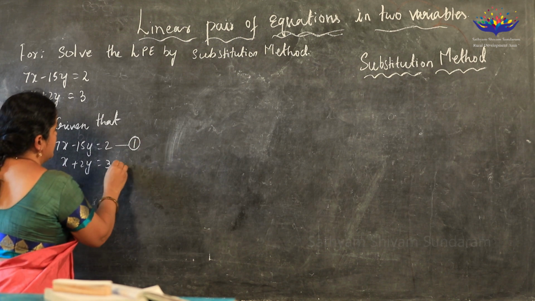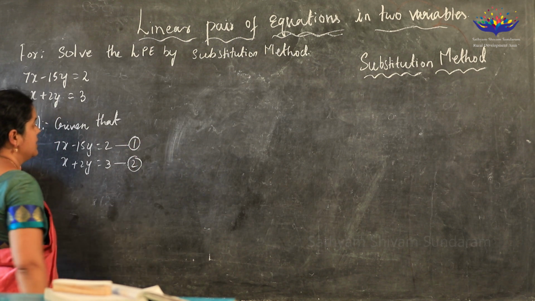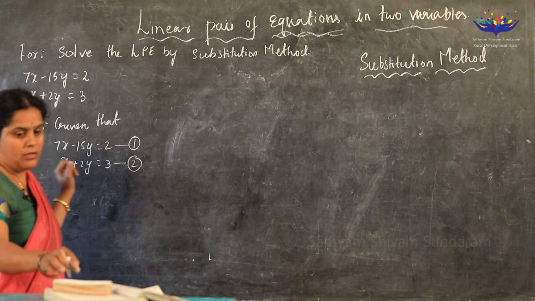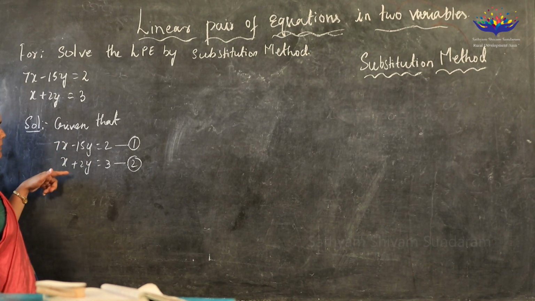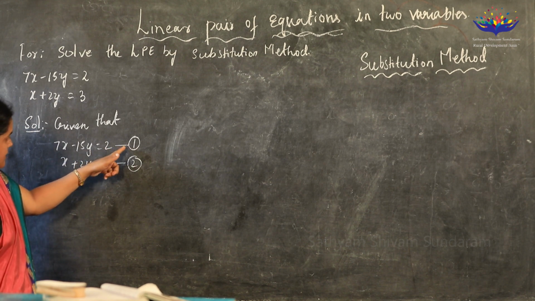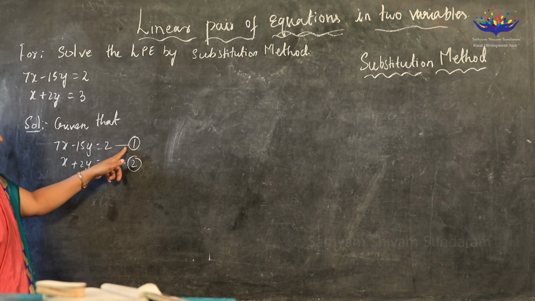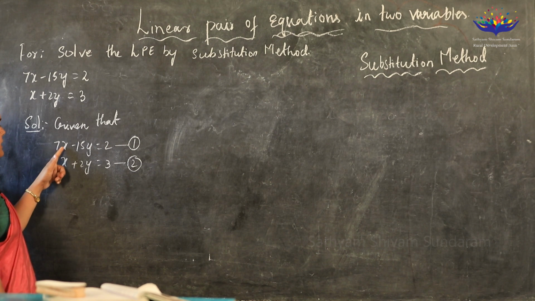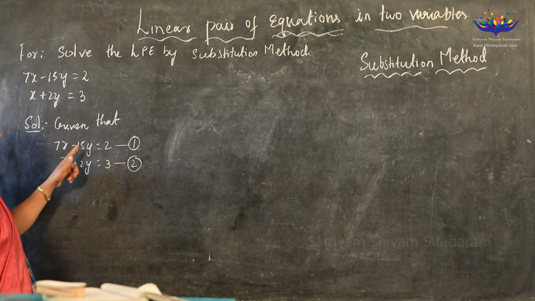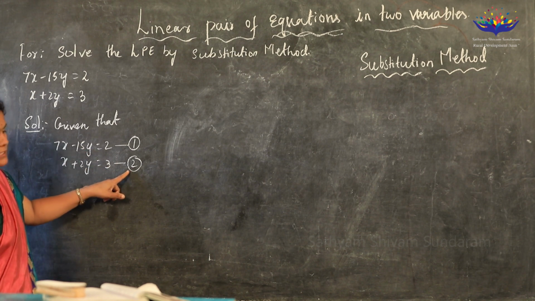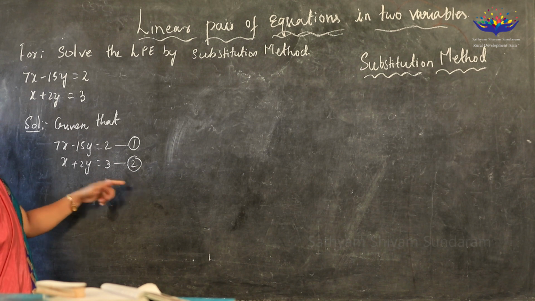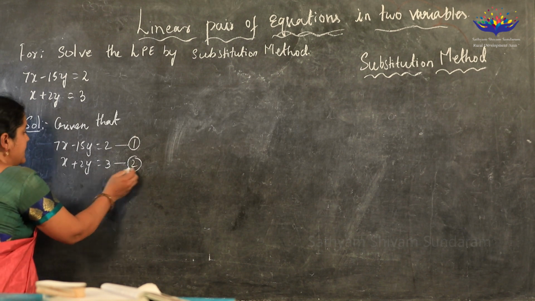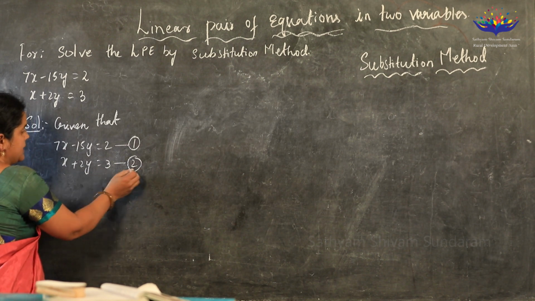This is equation 1 and this is equation 2. Now what we will do, either any one variable you can take. You can take equation 1 and find x or y, or you can take the second equation and find x or y. Here I will take the equation that is very easy to take.